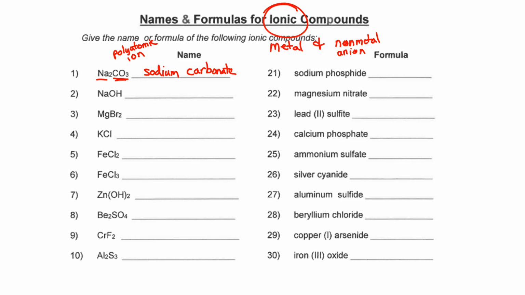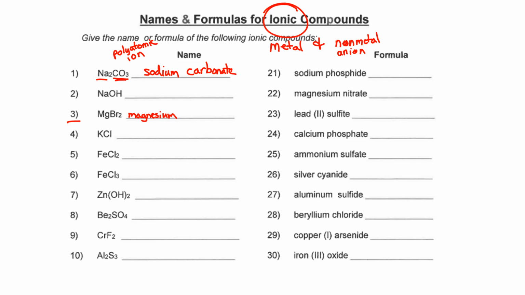Now, looking at number 3, number 3 is just a binary one, so number 3 only has 2 different elements in it, so this one's a little easier. So again, I look up the name of the metal. Magnesium, right? Mg is magnesium. And then what about Br? What element is Br?